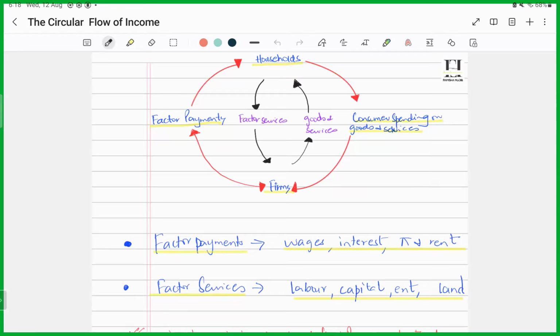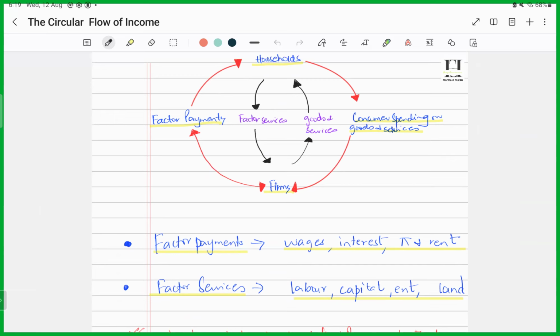So these are the factor payments. So this flow keeps on moving. This circular flow is a flow in a two-sector economy. What do you mean by a two-sector economy? One which does not participate in international trade, because at the moment we are not talking about any exports or any imports.